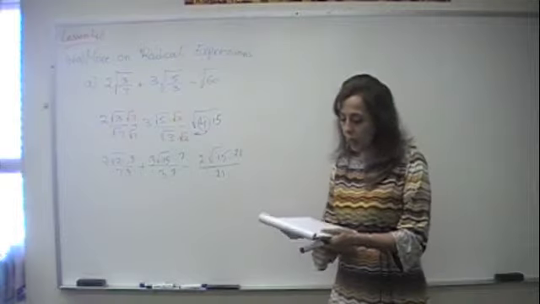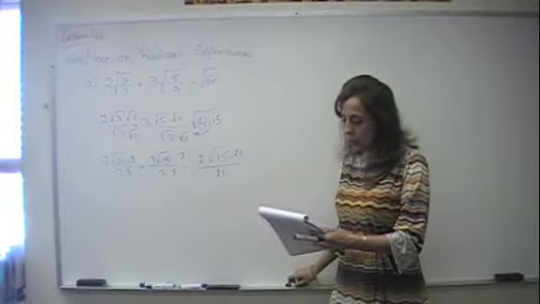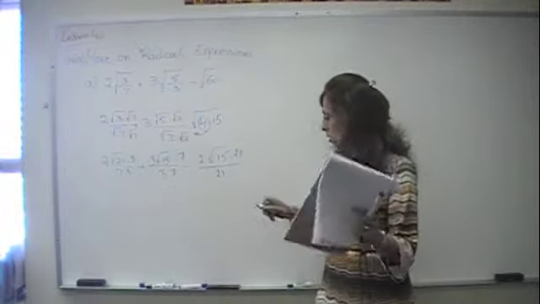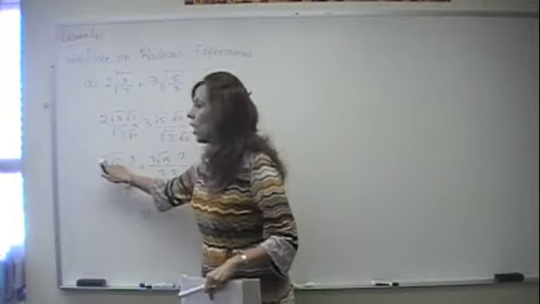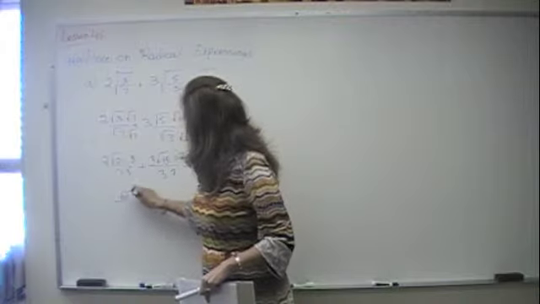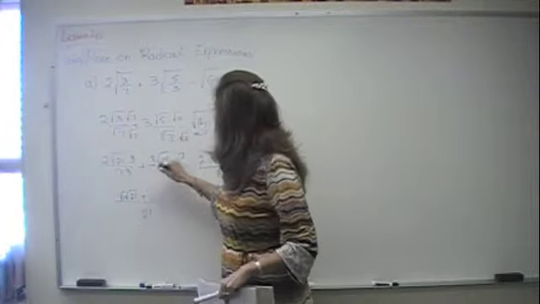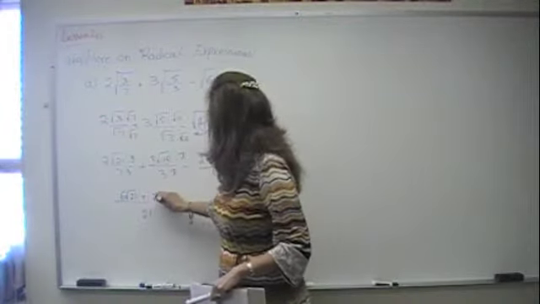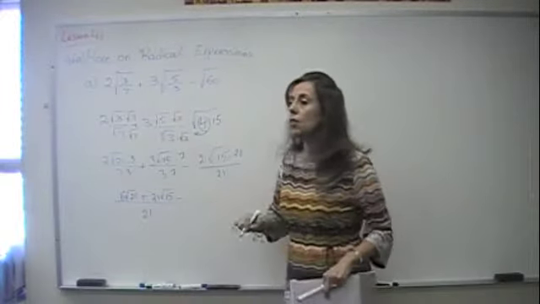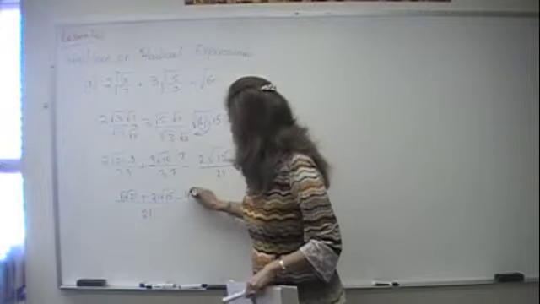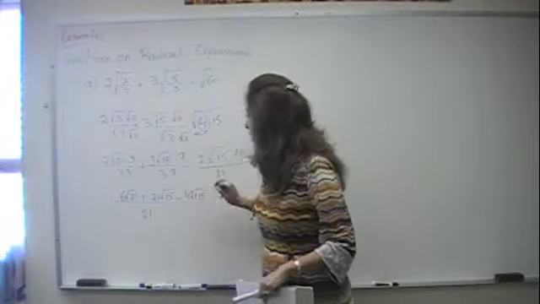So all of them can now be under one fraction, which is 21. 2 times 3 is 6 square root of 21, plus 3 times 7 is 21 square root of 15, minus 2 times 21 is 42 square root of 15.